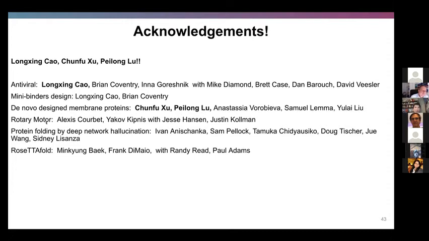The rotary motor work is done by Alexis Corbet. The structure prediction work is by Linkyung Bak and Frank DeMaio. And this folding designed by network hallucination is work by Yvonne and Sam and Tamuka, and Doug and Ju, and Sydney are doing the work with the constrained hallucination. So why don't I stop there and be happy to take questions on any of this.